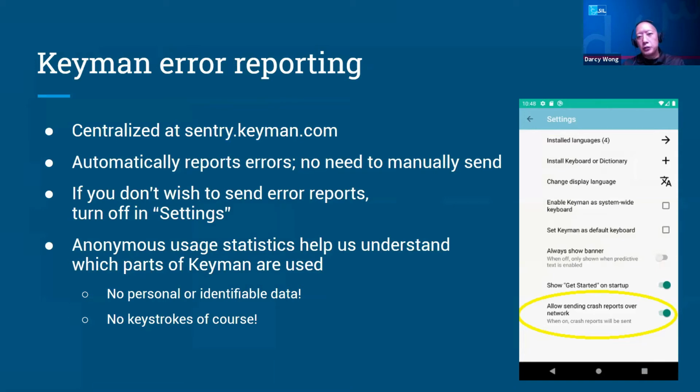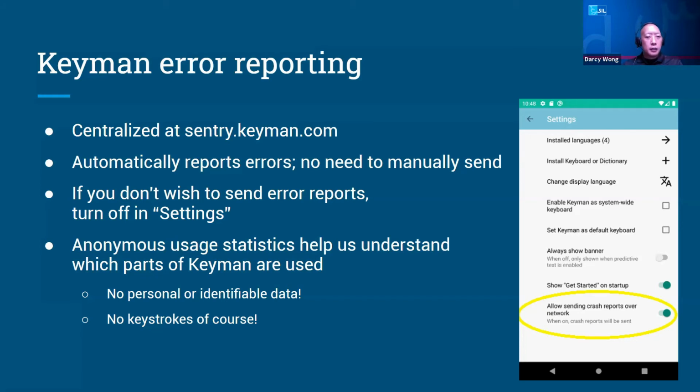Now it's going to one site, and the Keyman app is automatically reporting these errors, so there's no user action that needs to happen. But if they desire, they can override that and turn it off in the same settings menu. It's this last option here to disable the crash reports being sent.